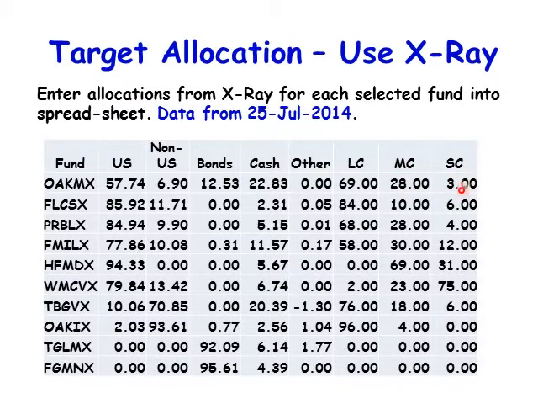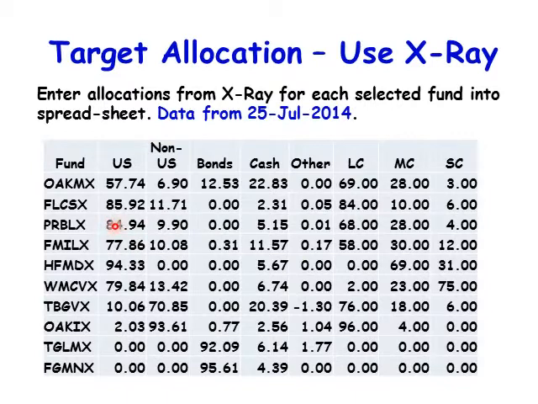It has about 13% in bonds, 23% cash, and about 7% in international. The next fund here is a large cap fund, and it has 12% in international, 2% cash, and 84% in large cap, with a bleed into mid cap and small cap also.